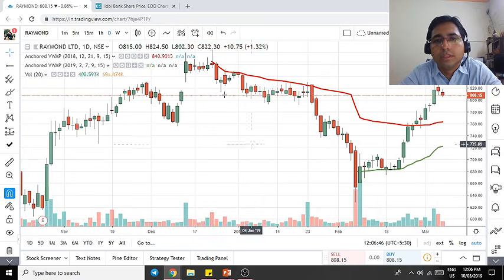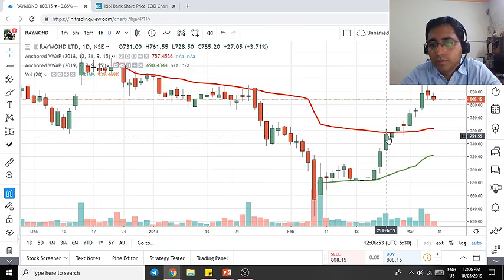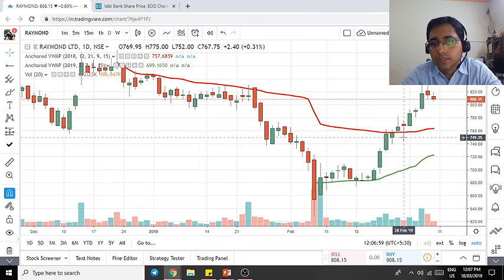Okay, for Raymond's, selling was initiated from 21st of December. Prices went lower, lower, lower. On 25th of Feb, prices were tested. 26th of Feb tested. Here the seller showed a lot of strength till 28th. Then the seller has lost its control.